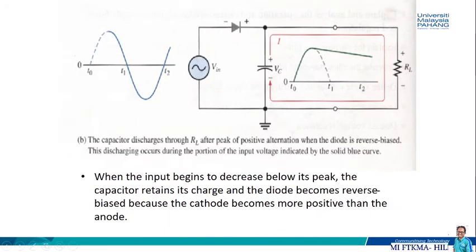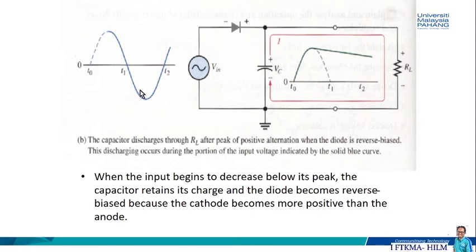Then when the input begins to decrease below its peak, the capacitor retains its charge and the diode becomes reverse biased. Current will not flow through the diode anymore, and the discharging is going to occur during the portion of the input voltage indicated by this solid blue curve.